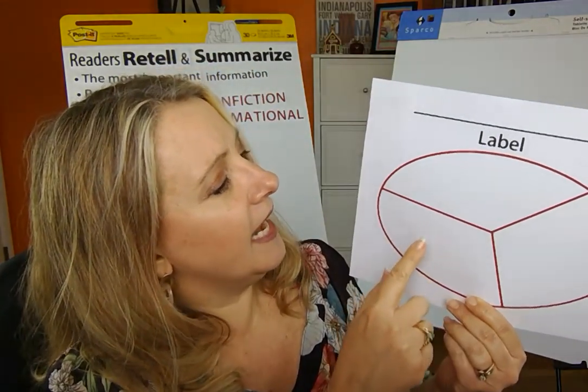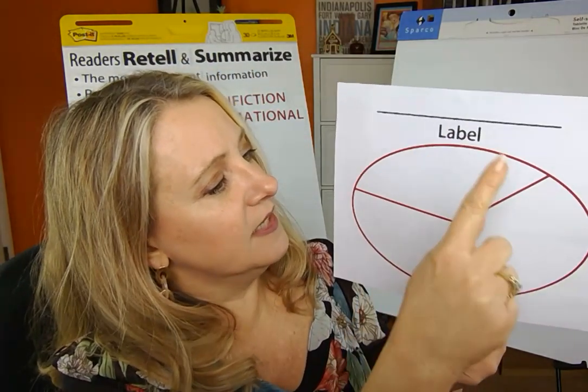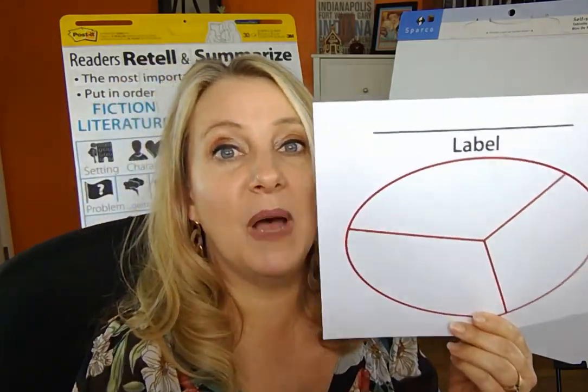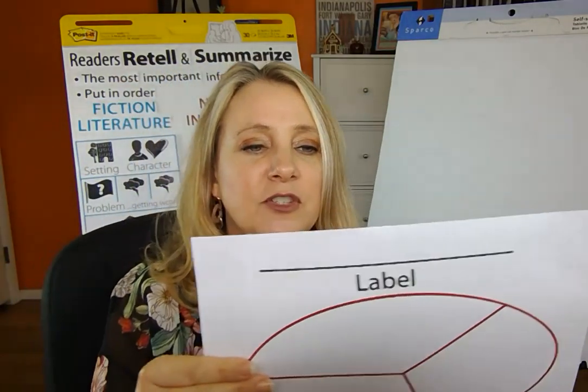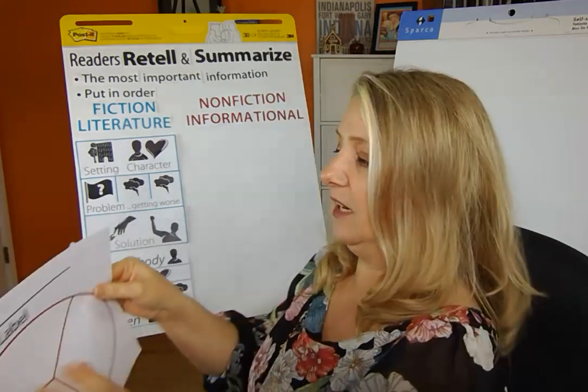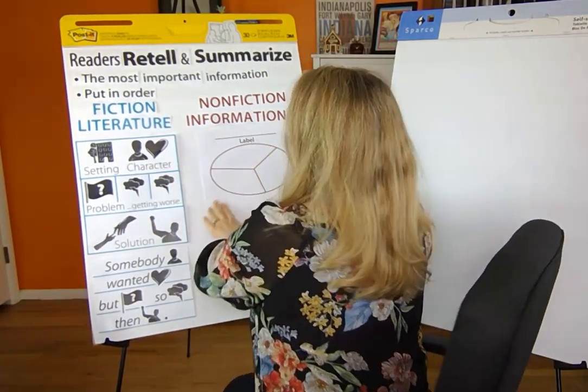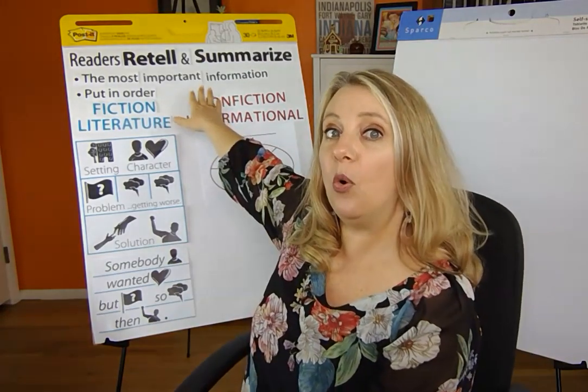So if I had antenna and wings and proboscis and legs, then I would label this body parts. And so when I'm reading informational text, I use these dissected ovals to really help me record the important information and make sure I'm putting it in order, that they're grouped together.